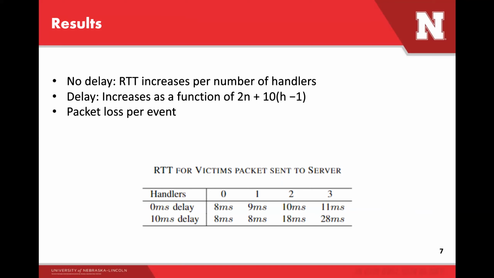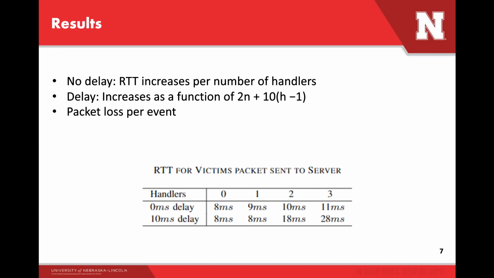For all the tests conducted, they are displayed in the table below, which has the number of handlers versus the delayed amount, which is either 0 or 10 milliseconds. So we can see the number of handlers and delays for the victim's packet sent out. Observing the initial control test, we can see the 8 milliseconds RTT.